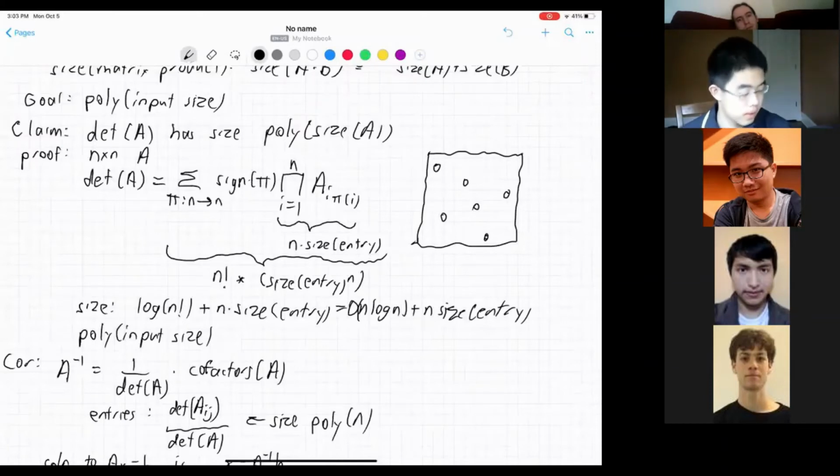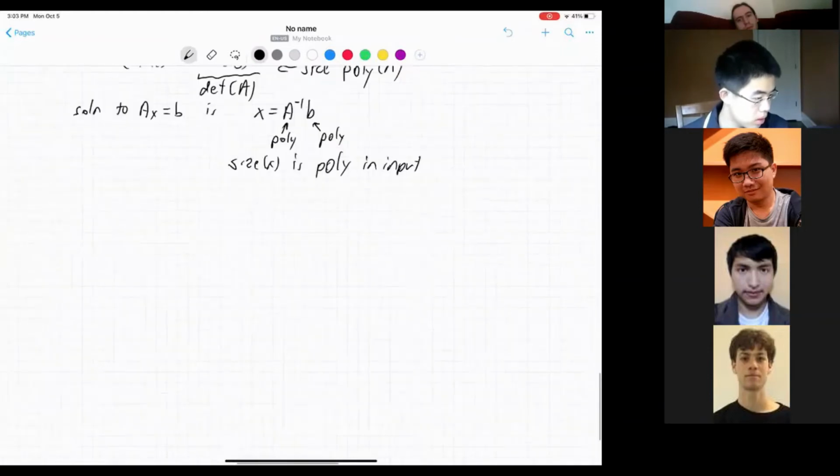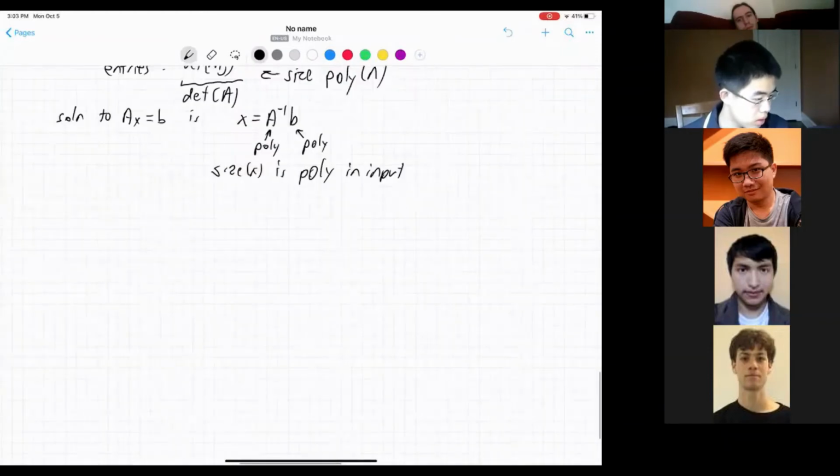Okay, and so that is a huge number, but it's only a polynomial number of bits. So that's good for each entry. And you might need that, right? If you're actually writing out the determinant, writing out the inverse, you're going to have n squared of those gigantic numbers.